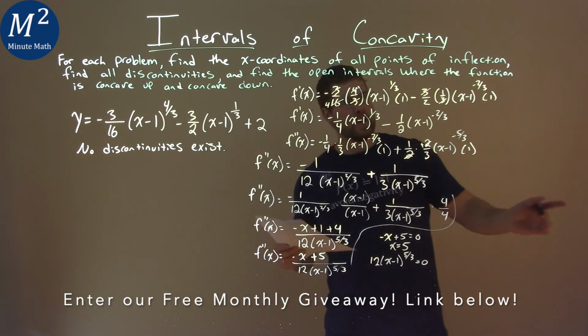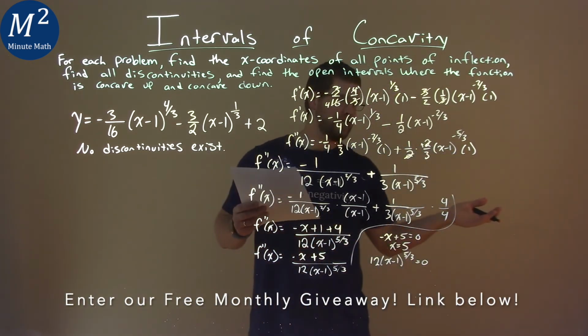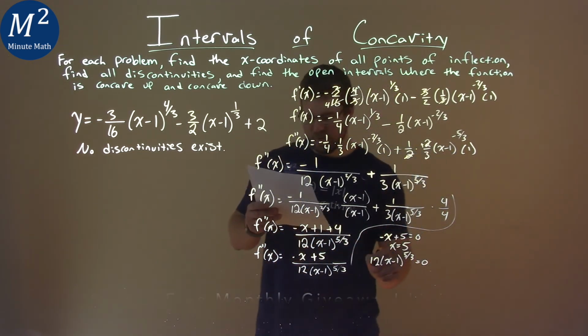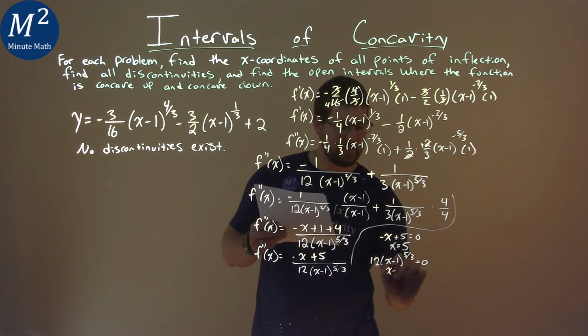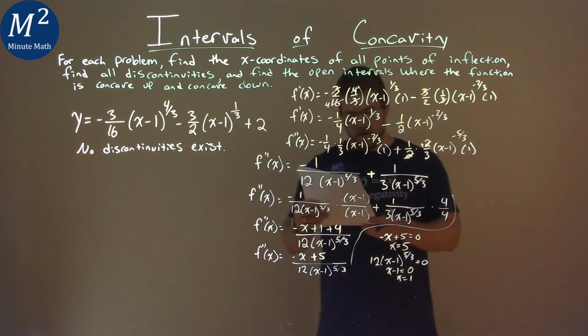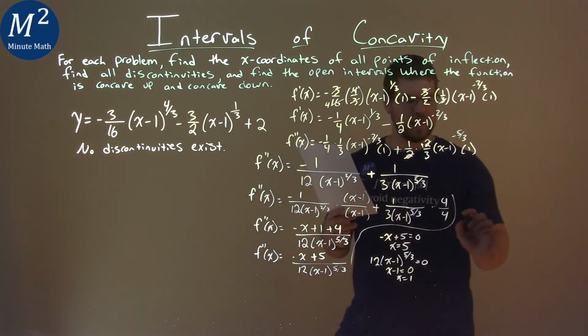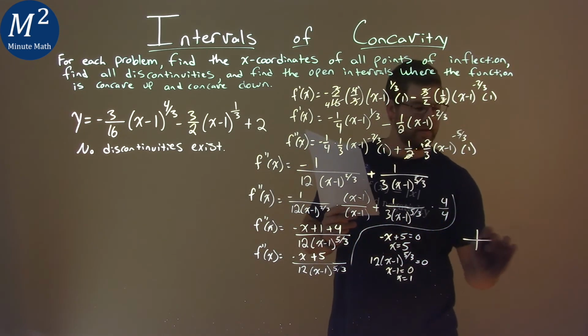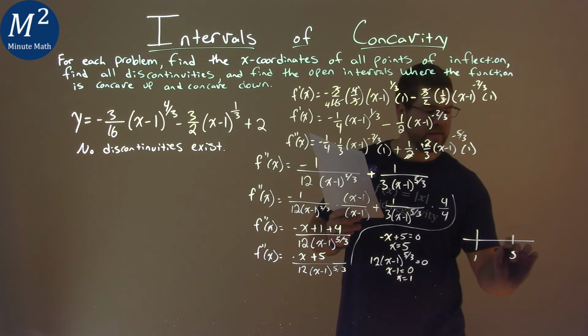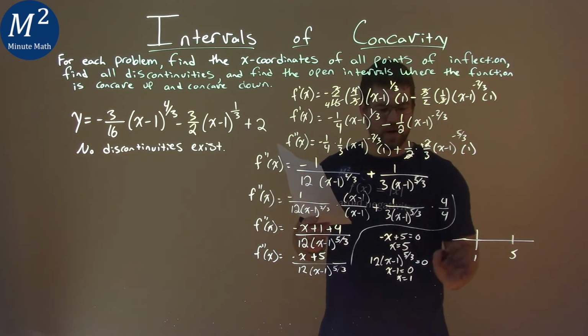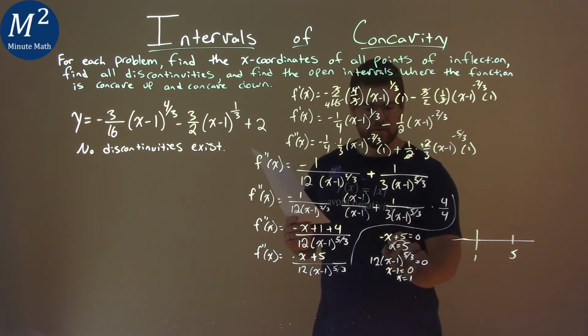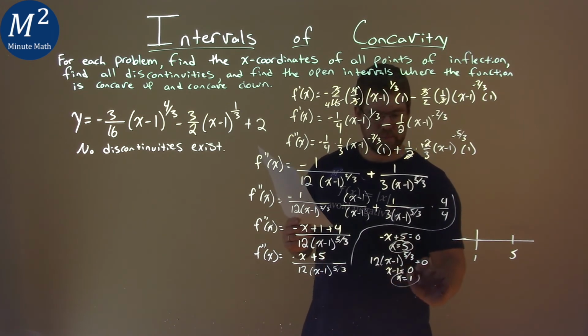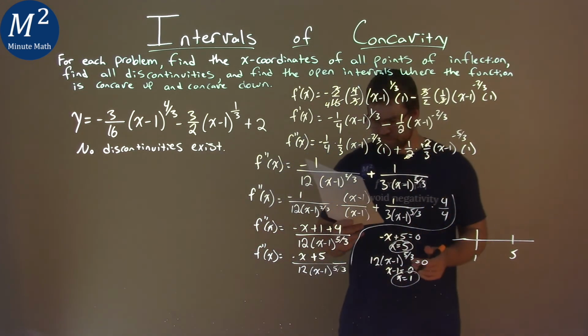Divide both sides by 12. Take the power of both sides to the 3/5 power. It's just 0 here. And we're left with just x minus 1 equals 0, and x equals a positive 1. So we have 2 points of interest here to do our second derivative test. We have it at 1 and at 5. That's really what's going on here, these two values. I'll circle them here for you. After all that, that's all we're really caring about.